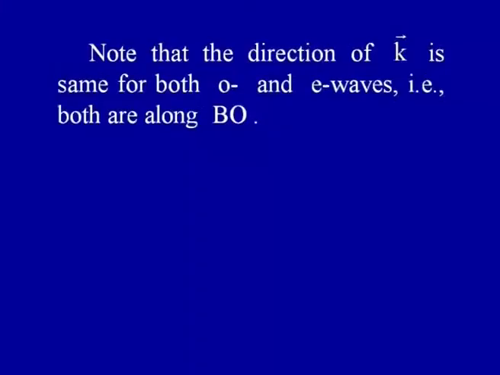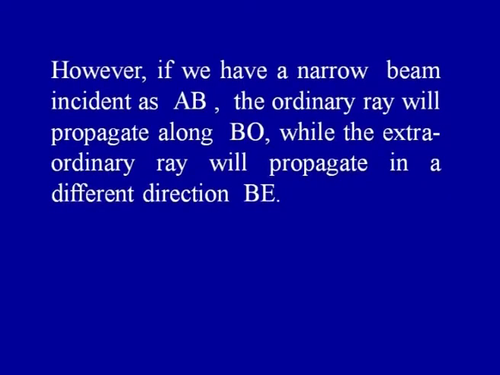Note that the direction of k is the same here for both O and E waves. Both are along BO. Now, however, if we have a narrow beam of light incident as AB, the ordinary ray will propagate along BO, while the extraordinary ray will propagate in a different direction BE. The distance between them will go on increasing.